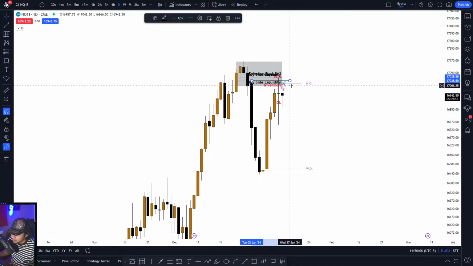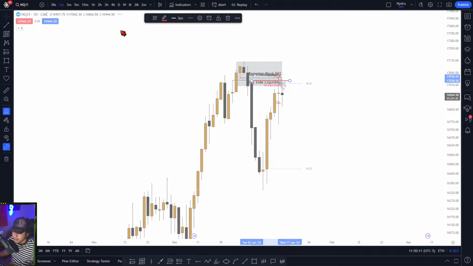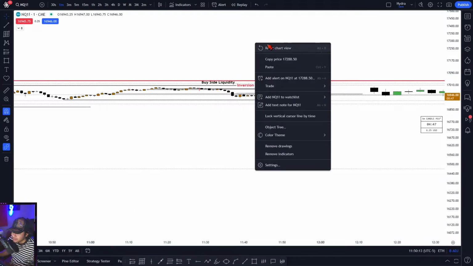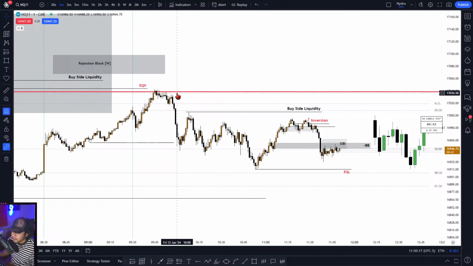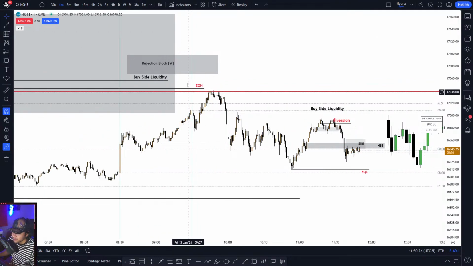So let's see. Okay, I think you guys are telling me something here. See, the low of the fair value gap is up here on daily time frame, right? So price already got rejected from it, and we called the market lower from this level.